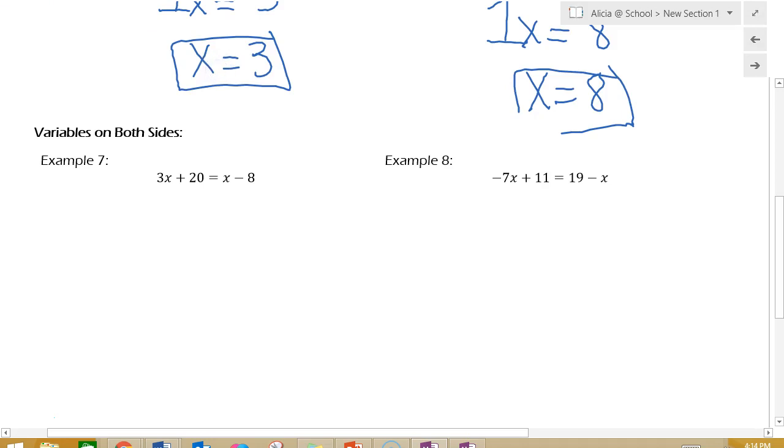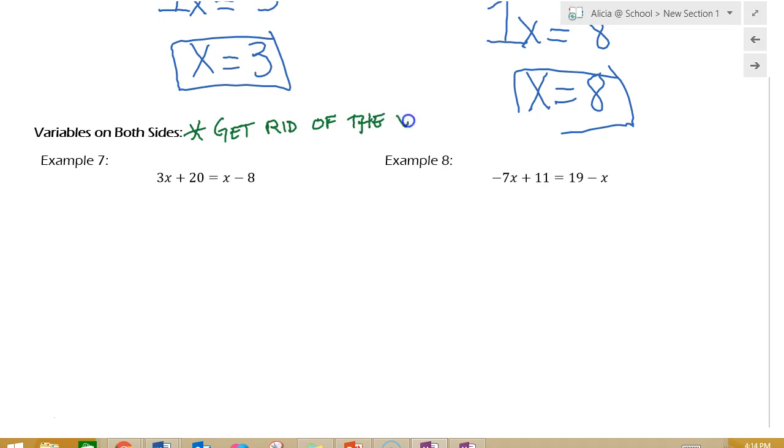So get rid of the variable on the right using opposite operations.